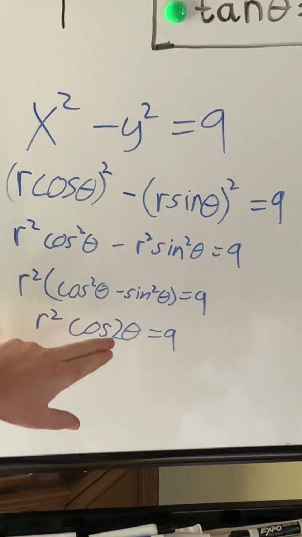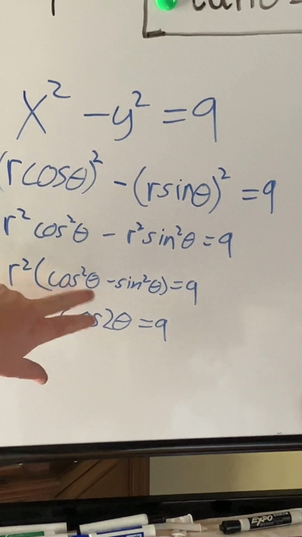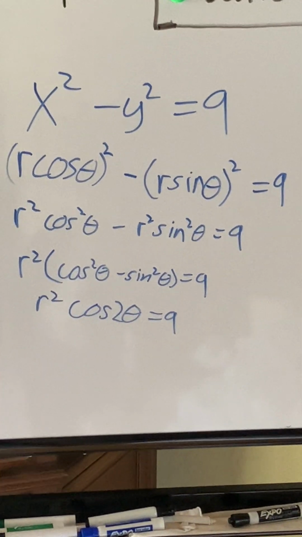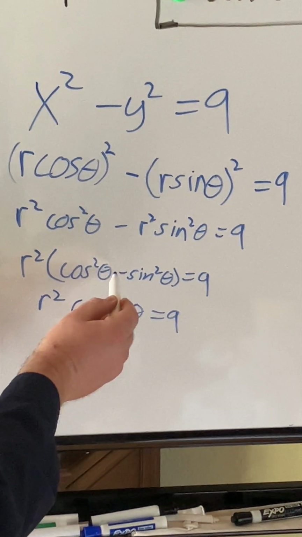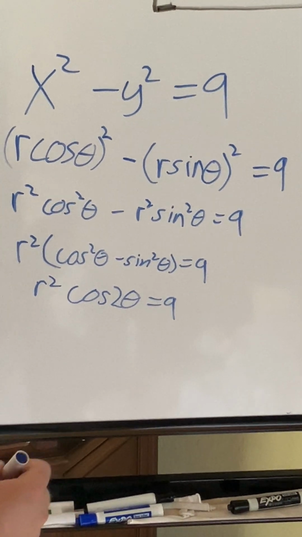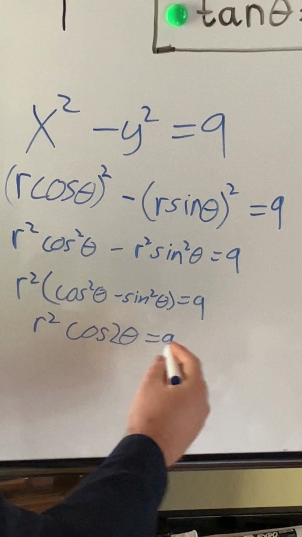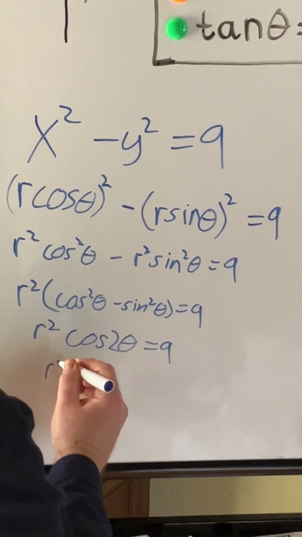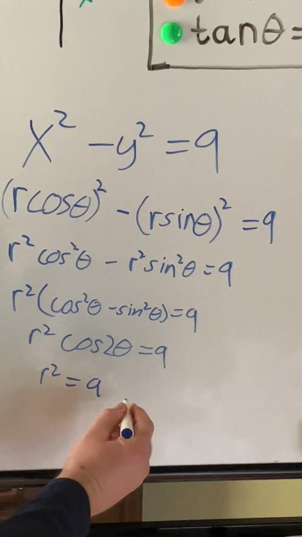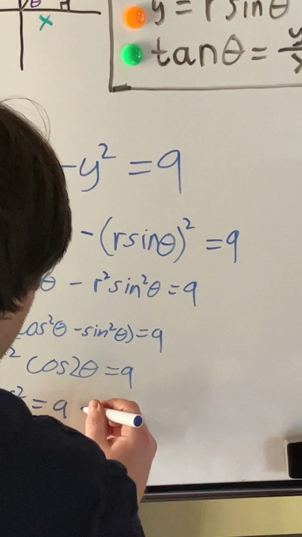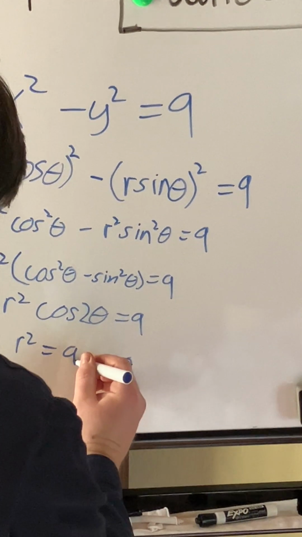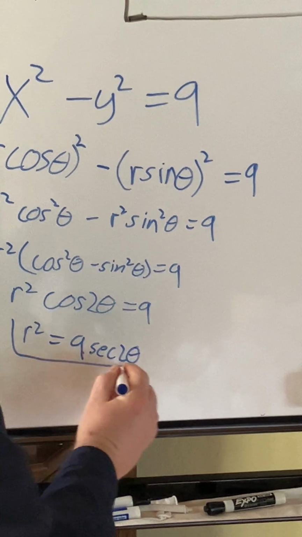You may have already done that in your class, covered those formulas, but you'll be given that to some extent, or maybe you'll just be allowed to divide both sides by that or something of that nature. But in this case, we would have r squared equals 9 over cosine 2 theta, which is just saying 9 secant 2 theta. And that would be our answer.